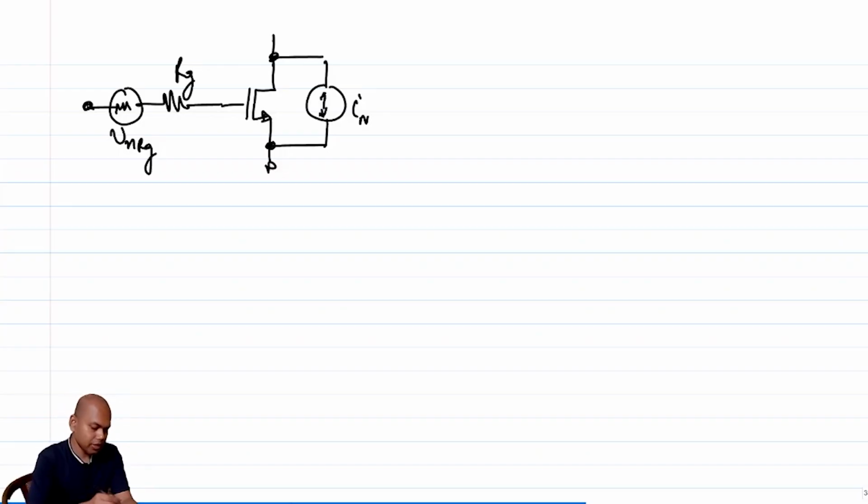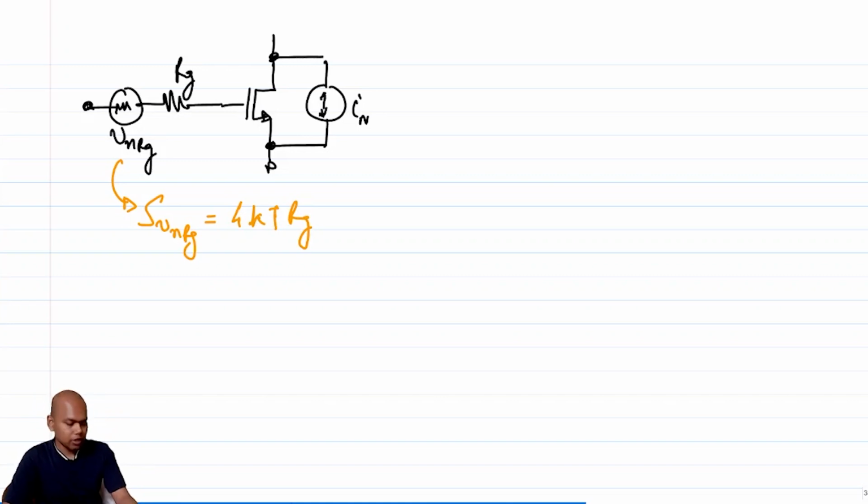And the power spectral density of Vn of this will be 4 kT, voltage noise power spectral density of 4 kT Rg. Okay, but you see that there is a geometry way you can lay out the transistor in a certain way to reduce Rg. So that is something that you can do.